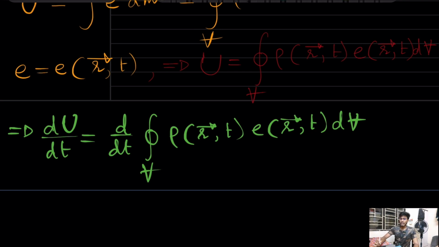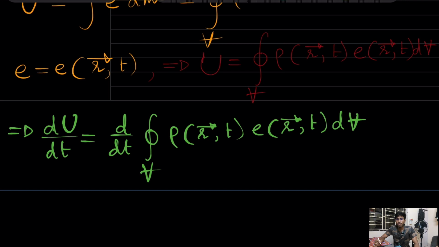At a particular time the temperature is fixed, and therefore this rho and e is fixed. At a fixed time point and at a fixed position there cannot exist more than one temperature value, right?